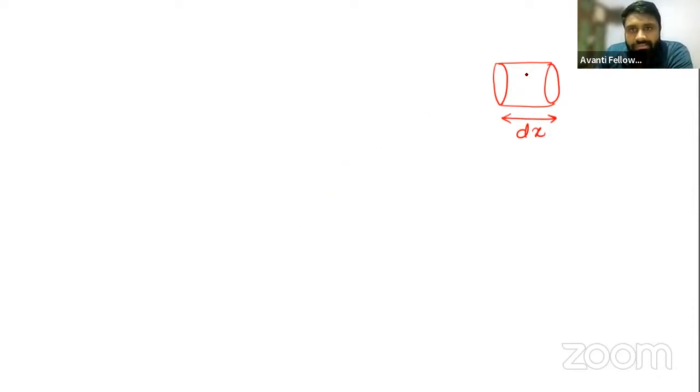Let the elongation in this dx section be dl. Now, again the same formula. The formula will not change. For dl, I have told you that delta L is given by FL over YA.